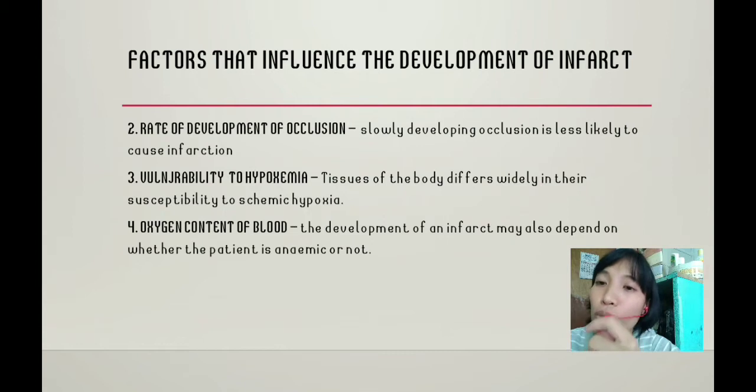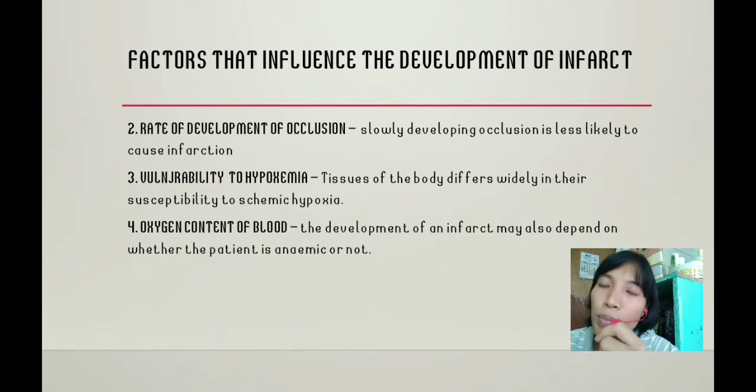Slowly developing occlusion is less likely to cause infarction. This is because they provide time for the development of alternative pathways of flow and anastomotic bypass channels to develop.